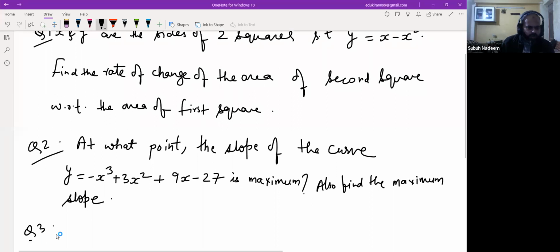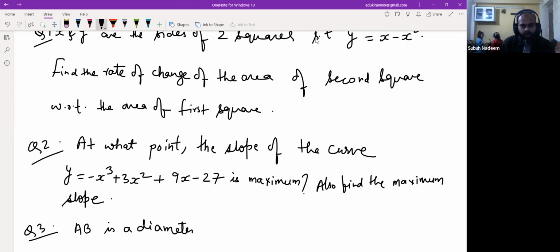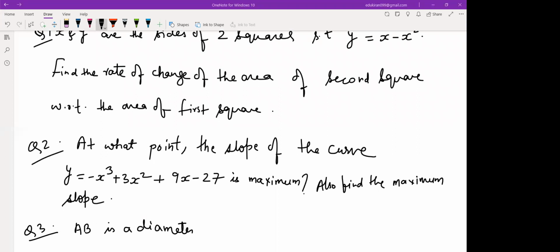Giving you the third question also. The third question says AB is a diameter of a circle and C is any point on the circle.